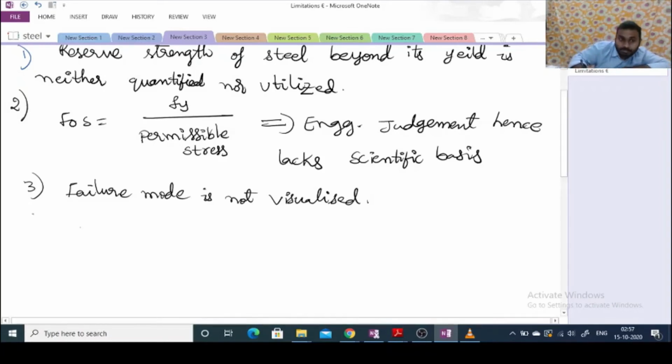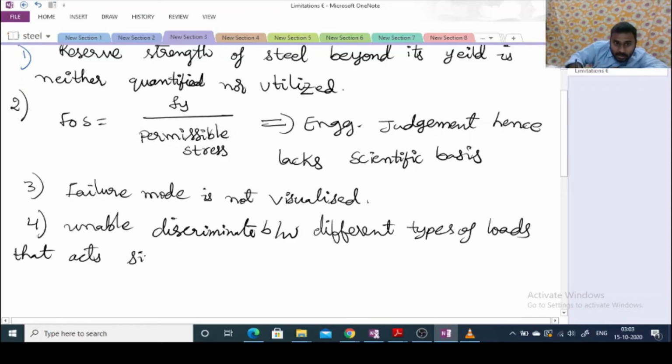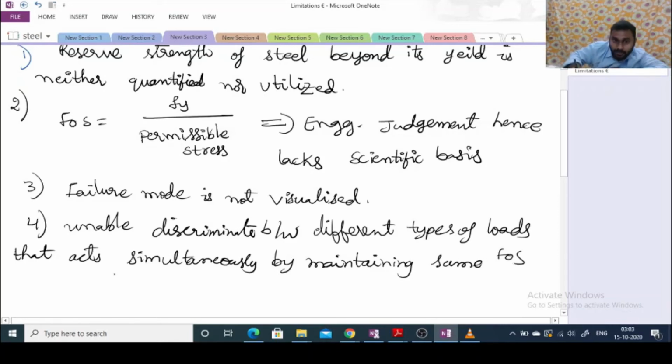That is another drawback. Now the next and last drawback is that this working stress method is unable to discriminate between different types of loads that act simultaneously by maintaining the same factor of safety, which would lead to unconservative design.